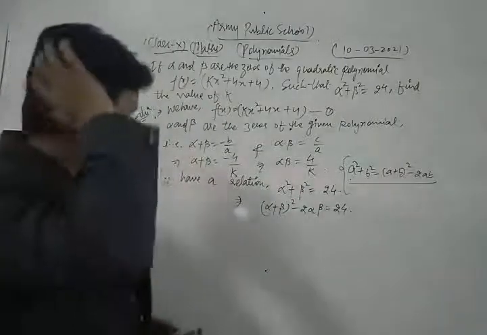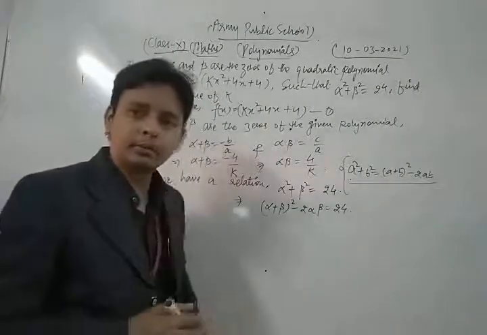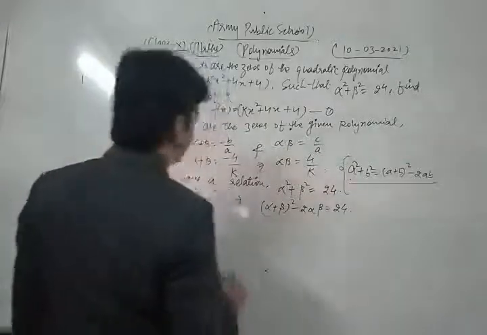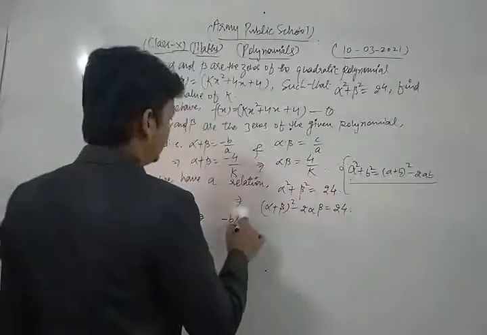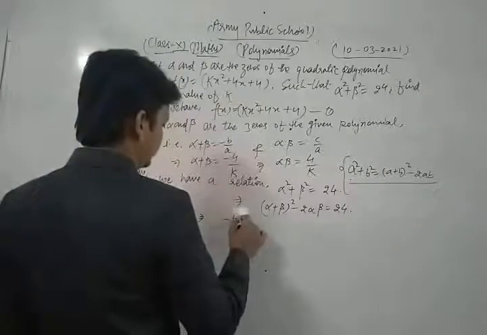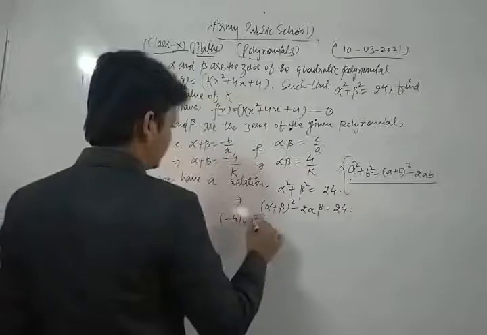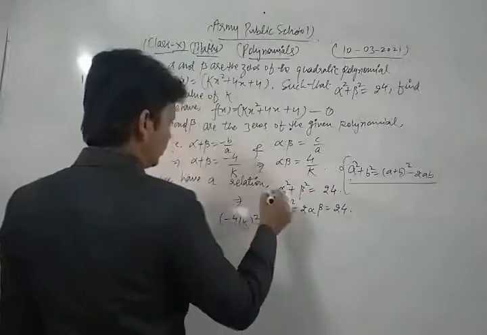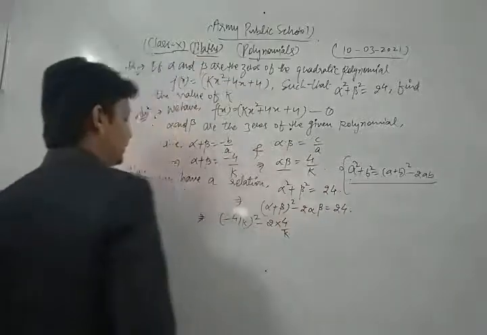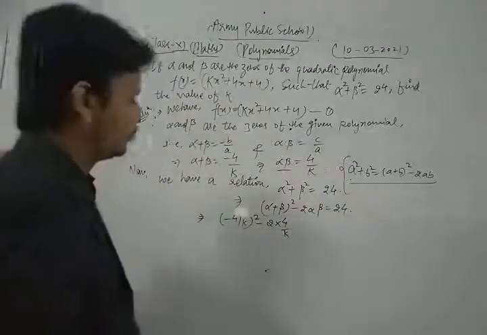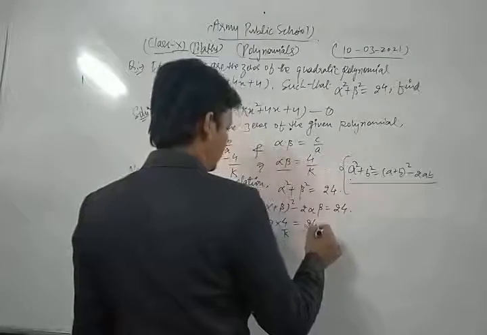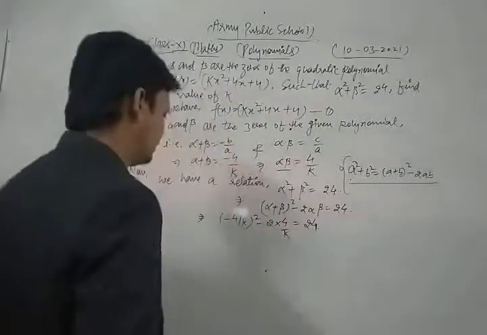Now here we put the value of alpha plus beta and alpha beta. The value of alpha plus beta is minus 4 by k. So here we put minus 4 by k whole square minus 2 into the value of alpha beta, which is 4 by k, is equal to 24.